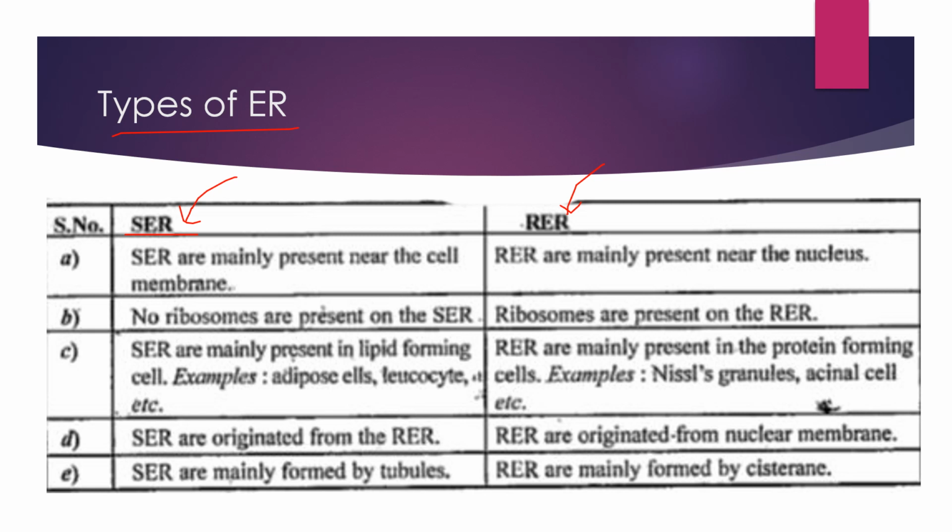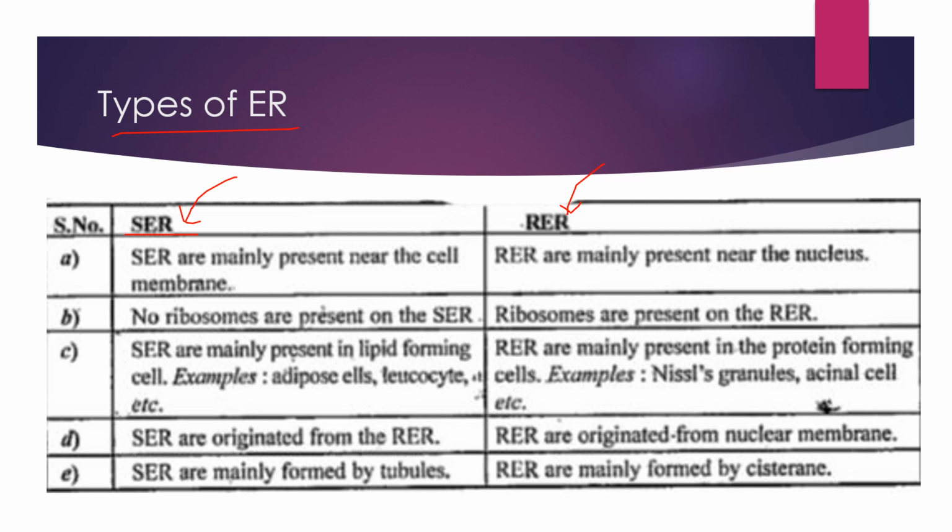Whereas in case of the rough endoplasmic reticulum, in the last slide we learned that near the nucleus, the structure is present which is studded with the ribosome, and this structure is called the cisterna. And actually this cisterna is the rough endoplasmic reticulum, because in case of rough endoplasmic reticulum, ribosomes are present.